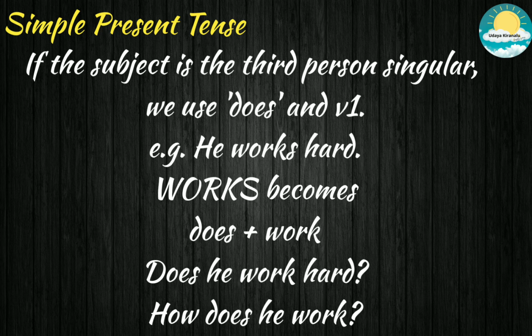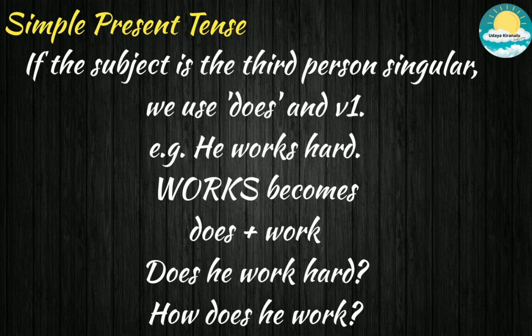If the subject is the third person singular, we use does and V1. For example, he works hard. Works becomes does plus work. Now we can frame a yes-no question. Does he work hard?